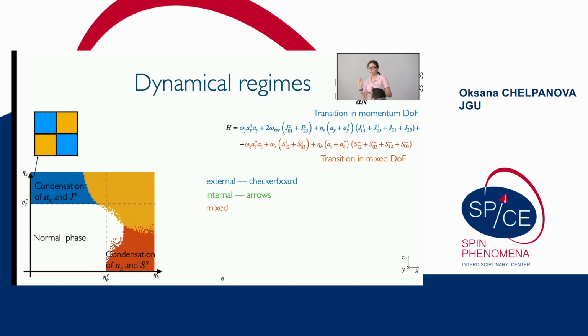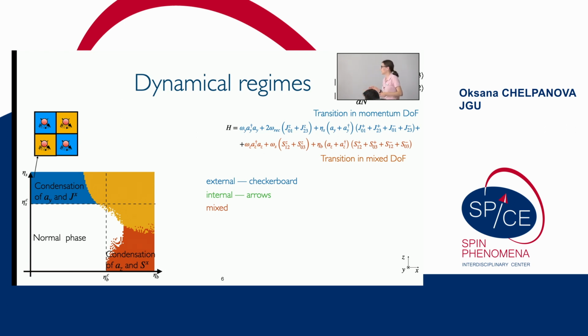But then, if we look at the dynamics of this internal spin, it's actually non-stationary. We can show that in this case, the internal spin of the particles is precessing with a frequency which is set by the parameters of both subsystems. So the precession frequency is set not only by this omega s, but it is also controlled by, for example, the number of photons in the system.